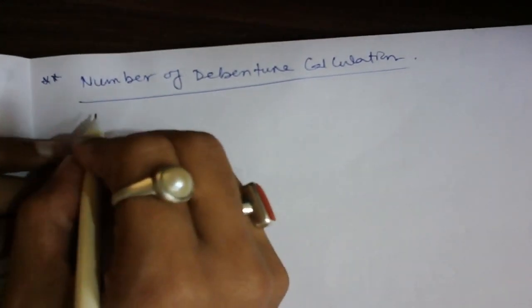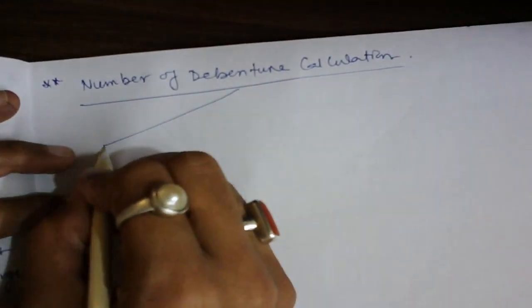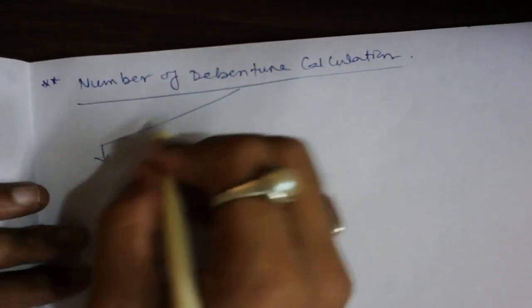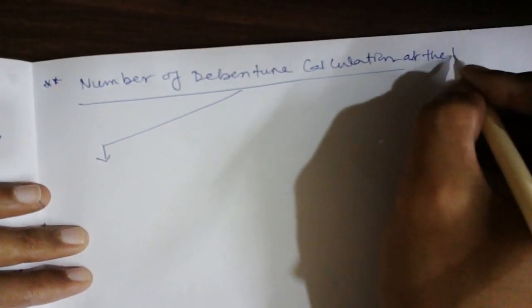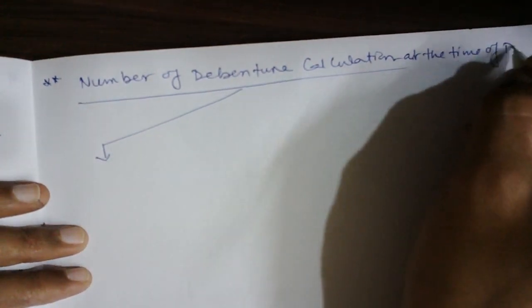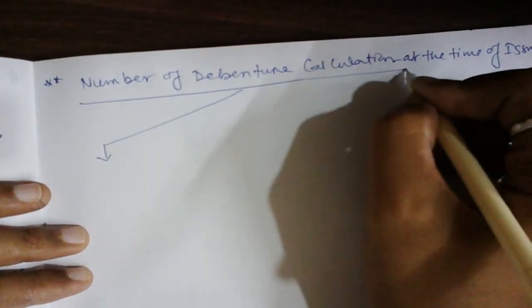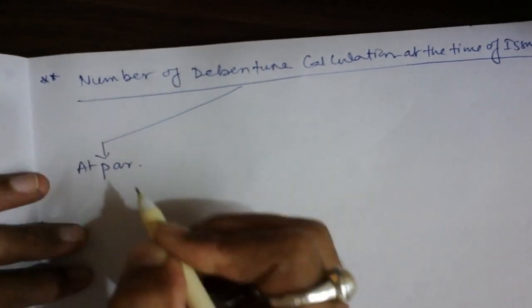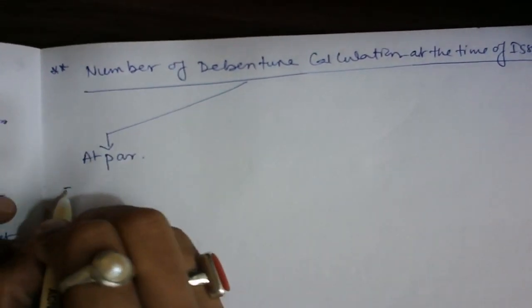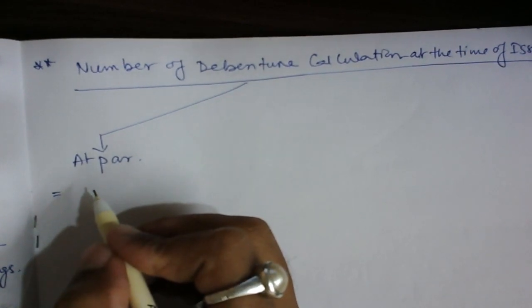Okay. So number of debentures, three ways we can understand. Number of debenture calculation at the time of issue. So if issued at par, then it's quite easy.